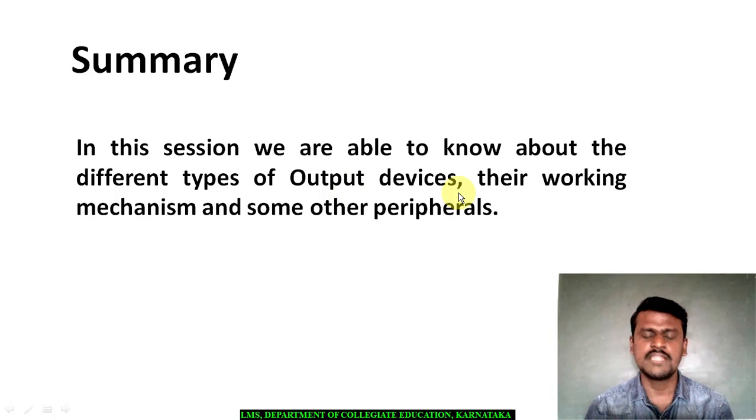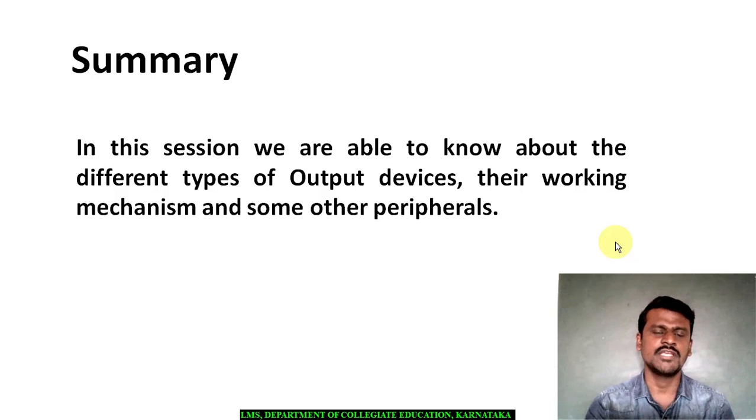We saw 3 different devices, but we covered only one device in detail, that is the monitor, its working, its size and how it is measured, the types of monitors and their classification. So this is the summary of today's session.